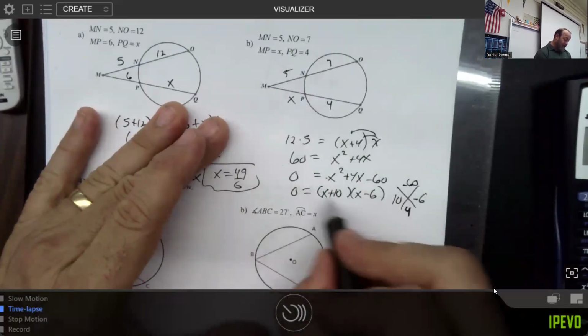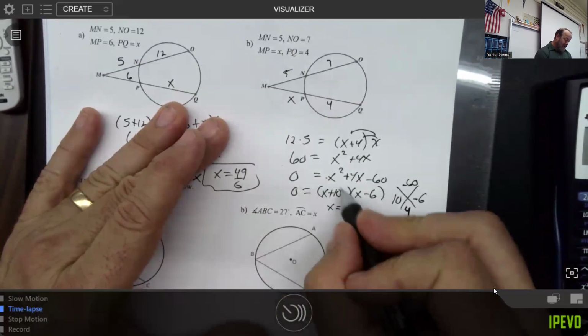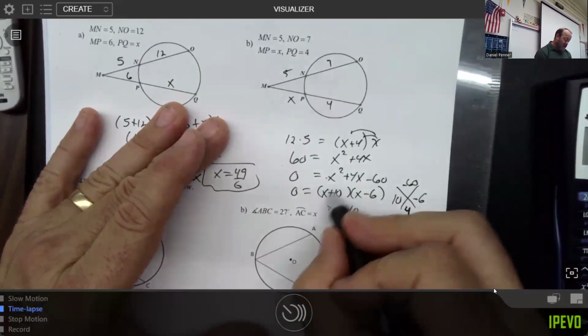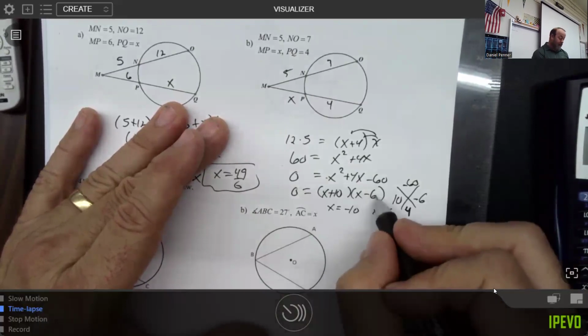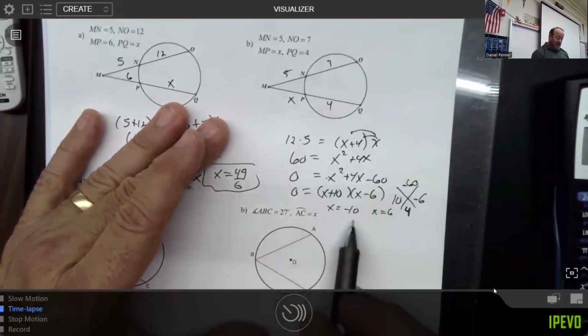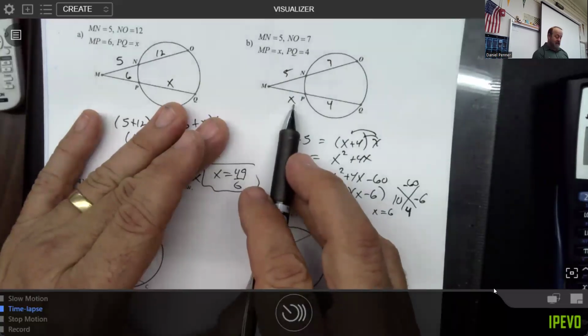The only way a product can be 0 is if you multiply and one of the values is 0. So either x is negative 10 to make this part 0, or x equals positive 6 to make that part 0. But it doesn't make sense in context of our picture to make x negative 10 since x is a distance.